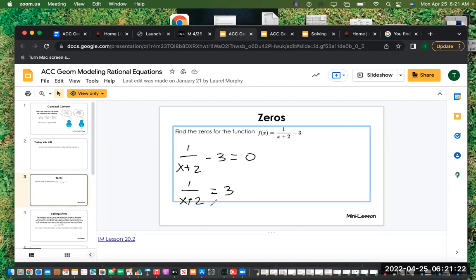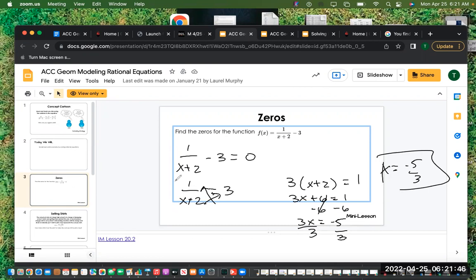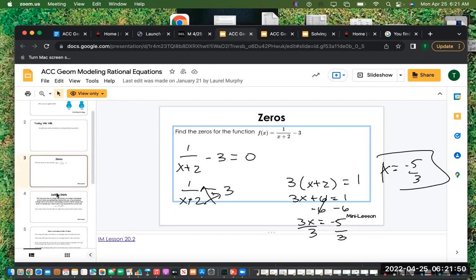And then I would cross multiply, using that butterfly effect. So this is going to give me 3 times x plus 2 equals 1. Then I would distribute and isolate this, so move this to the other side and divide by 3. So x would equal negative 5/3. Whenever it says solve for the zeros, you're just getting x by itself, just like what we did on the last one.